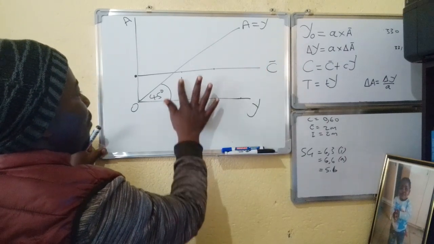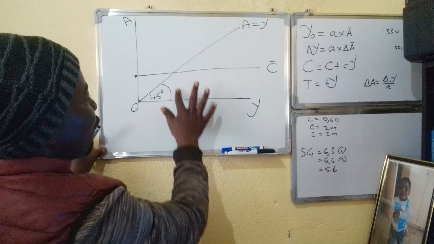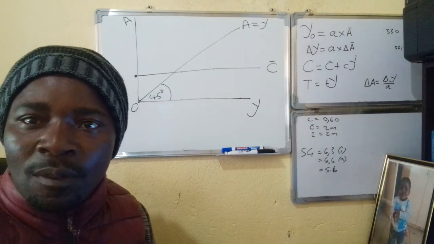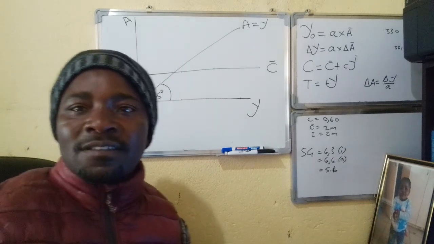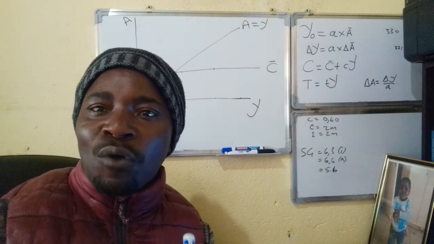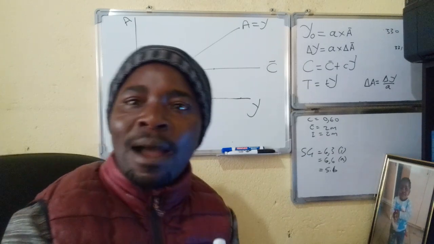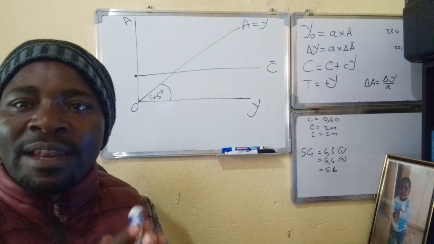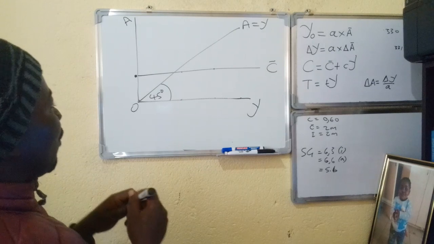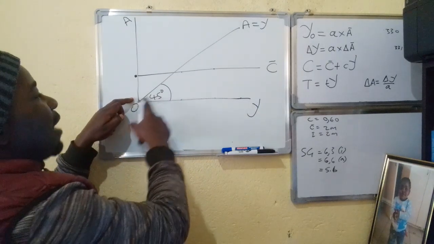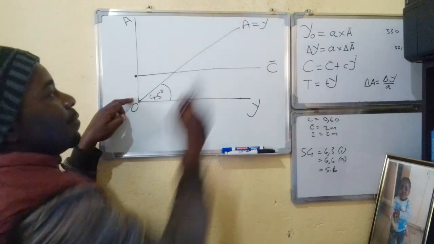And then you have another portion of expenditure called induced consumption. This is the portion of consumption expenditure that is determined by the levels of income in the economy. When the level of income is at zero, that expenditure is at zero. So its shape is like this 45-degree line.